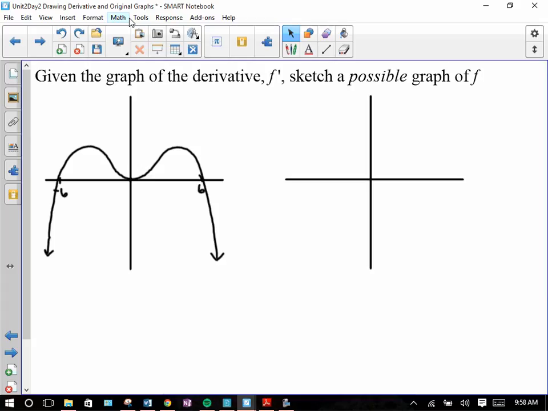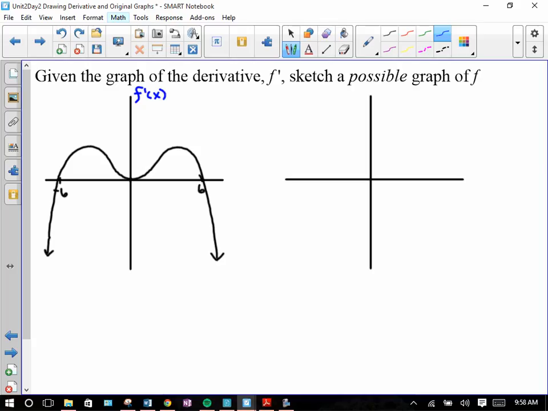So what's the first thing we want to do? You want to see where f prime is increasing or decreasing, or do you want to see where f prime is positive or negative? Yes. So f prime has negative values when? Alright, here.